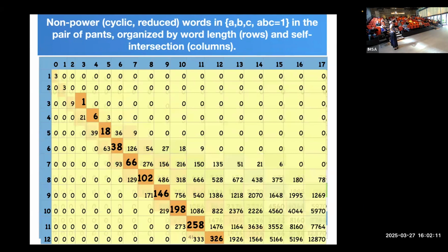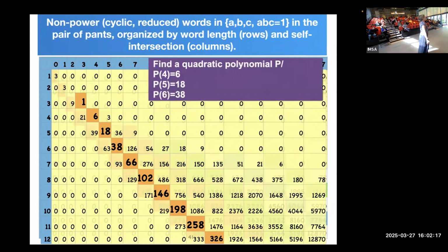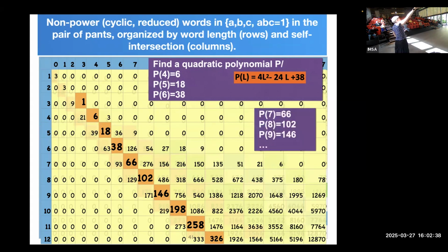So we look at one of these diagonal-ish organizations of rows, and it turns out that they follow a quadratic polynomial. So meaning that if I find the polynomial, in this case I have P of 4 is 6, P of 5 is 18, P of 6 is 38. All the rest of the word lengths continue with a quadratic polynomial.